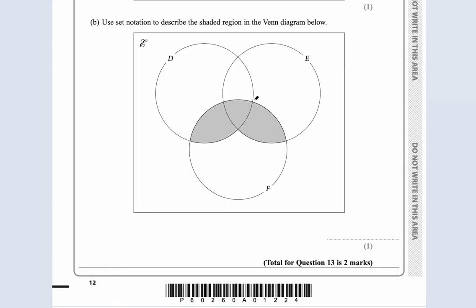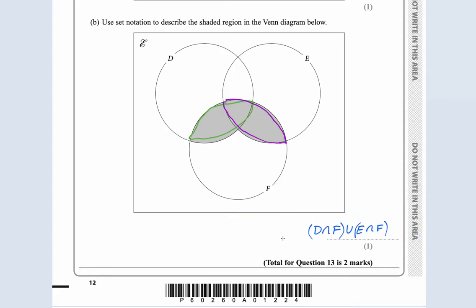So this section here is D intersection F. So I'm just going to write D intersection F. And this section here is E intersection F. So I'm going to write E intersection F. And it's the union of both of these. So it's this union this. So that's kind of my first way of thinking about it.